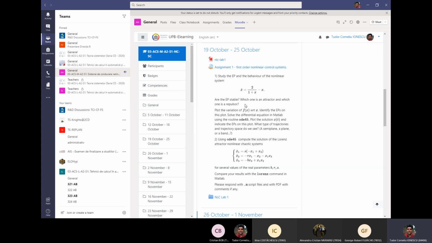It's not very difficult. Then you have to plot f of x with respect to x and identify the equilibrium points on this plot. And then I'm asking you to solve this equation using ODE45. Oh, I forgot to mention here, but I think it's easy for you to understand that you need to specify initial conditions.